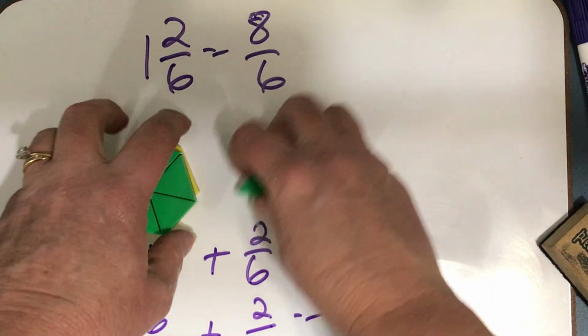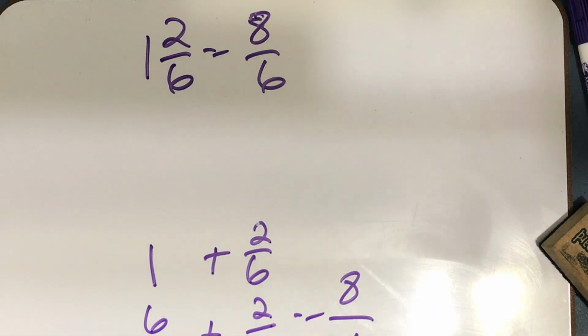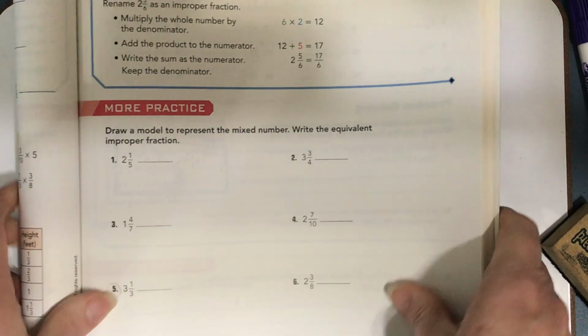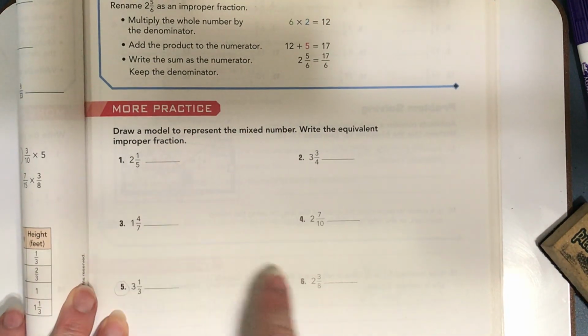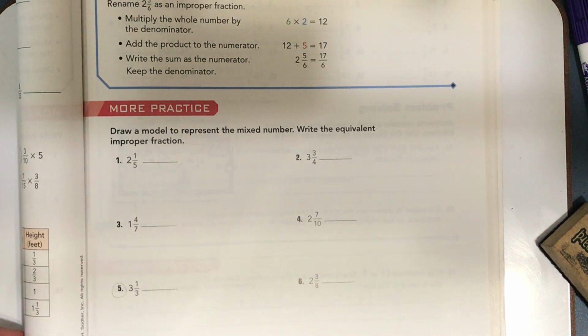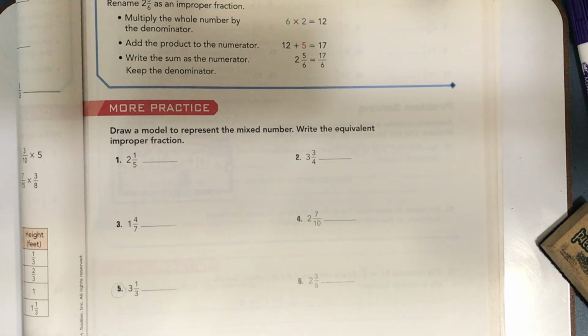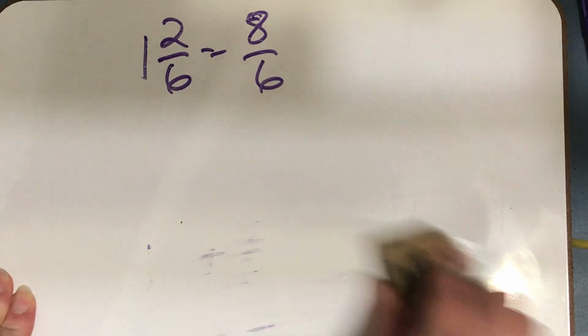Now in your workbook on page 135, you're asked to draw models on 1 through 6. I'm going to do a couple of those with you. Number 1 says 2 1/5. So I know that I need to have 2 wholes.